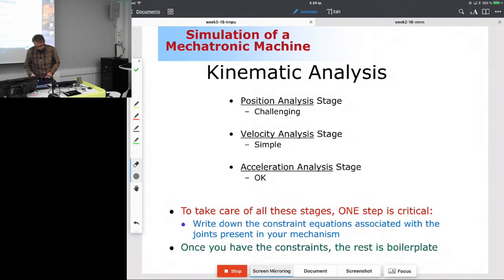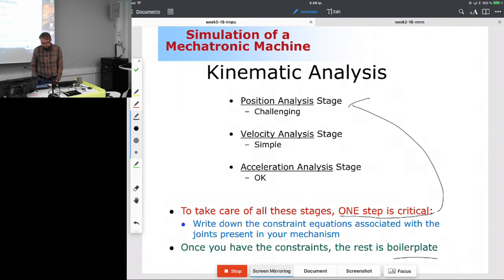That's how the whole procedure goes. You have to take care of all these stages, but step 1, the position level, is the most difficult and critical. To make that happen you have to write down the constraint equations, and pretty much that's all you need. Once you have the constraints, the rest is downhill.